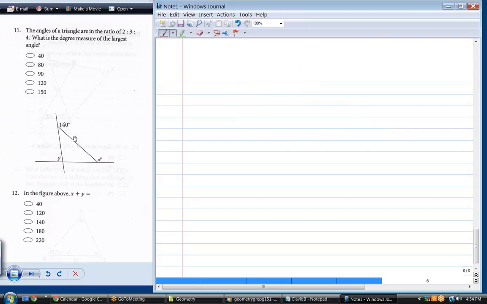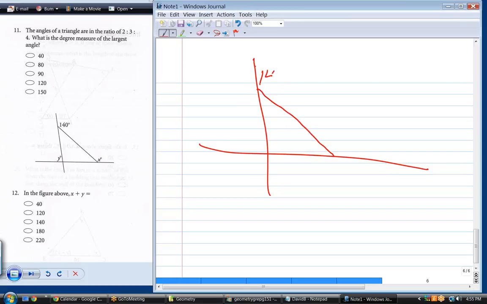Number 12, this figure here goes with this question. All right. X plus y. So then, is this where you would have to... You could actually use that principle on this, I think.